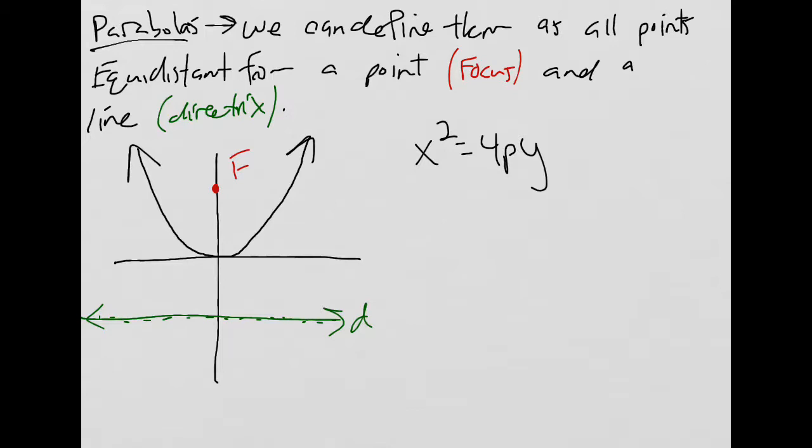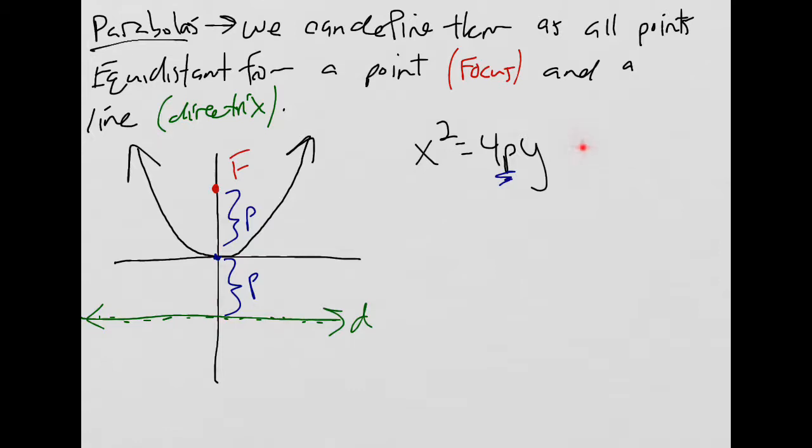This p value is going to be this length right here. That's p, from focus down to the vertex, the low point of the parabola, and this right here is also p. The reason they're both p is because they're equidistant. The distance from here to here has to be the same as the distance from here to here.